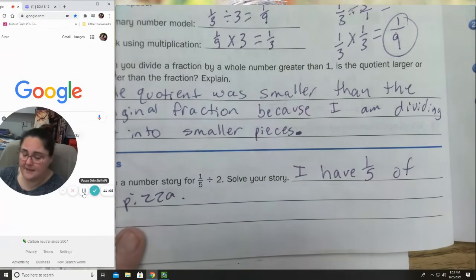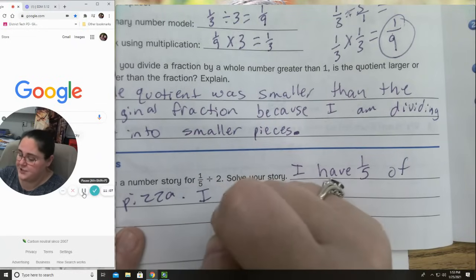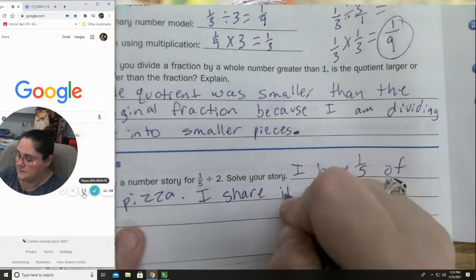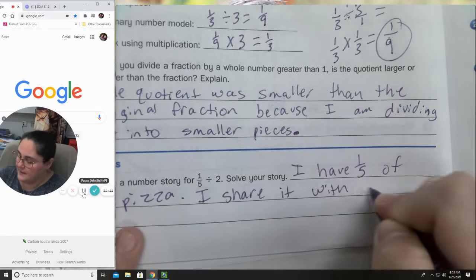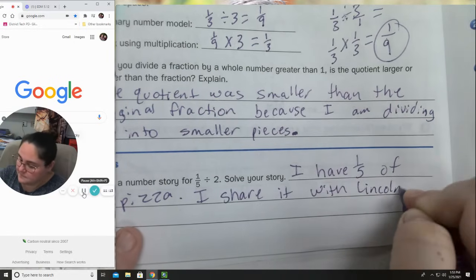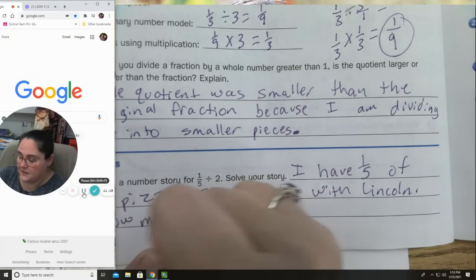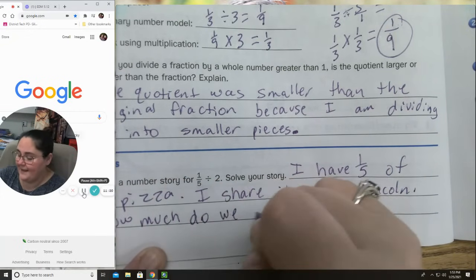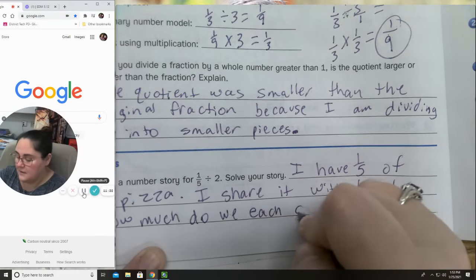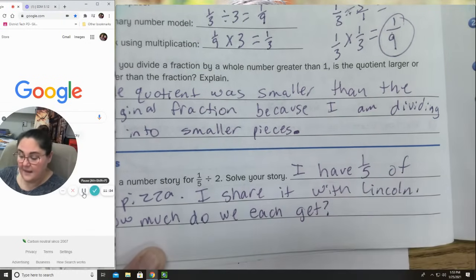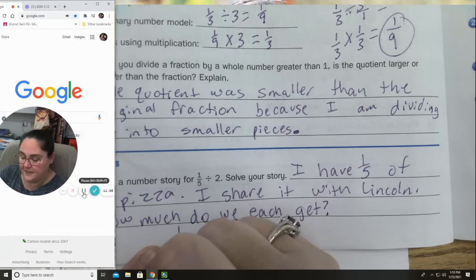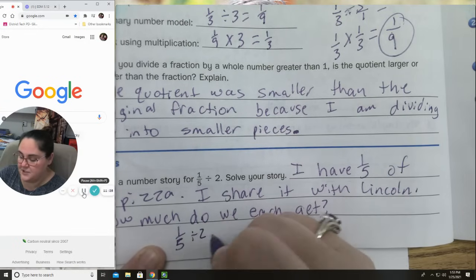So maybe I share it with Lincoln. How much do we each get? Then I'm going to do my math. 1/5 divided by 2.